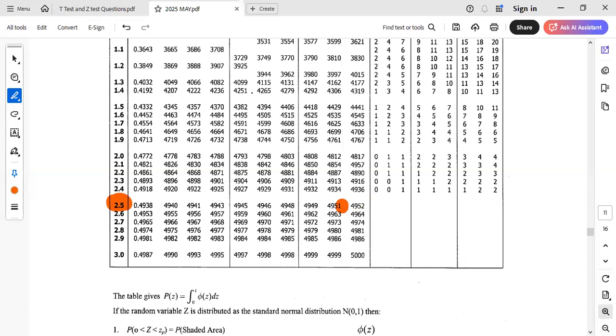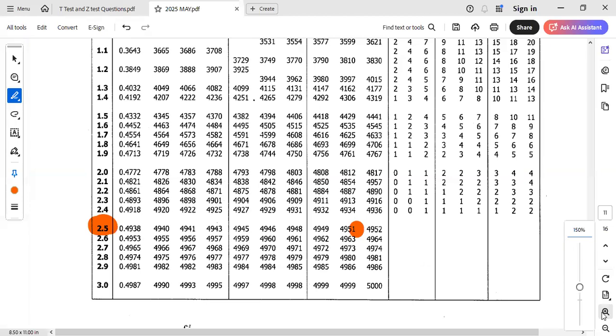Someone tell me, have you observed where we have 475? Are you seeing that? Where 475 starts from? There is that one on the row 1.9.